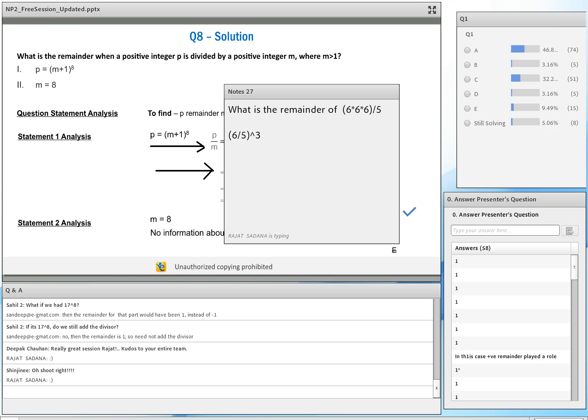And what I do is I really just say, hey, 6 is 5 plus 1, and then I divide this by 5 and then raise all of this to the power 3, which again is equal to 1 raised to 3. Yeah, the positive remainder played a role.